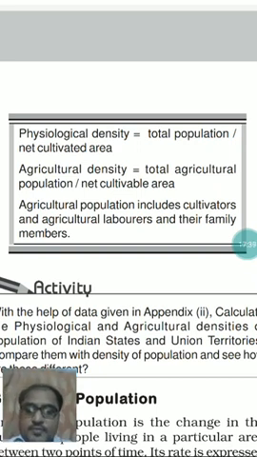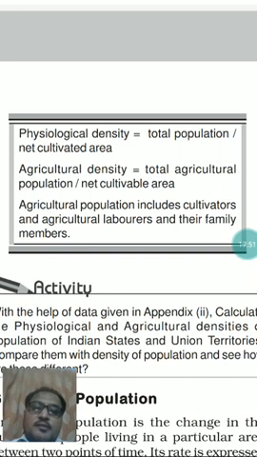Why do we look at density as physiographical density or agricultural density? The main factor behind it is that India is an agrarian country, and more than two-thirds of the population is directly dependent upon agriculture and allied services.